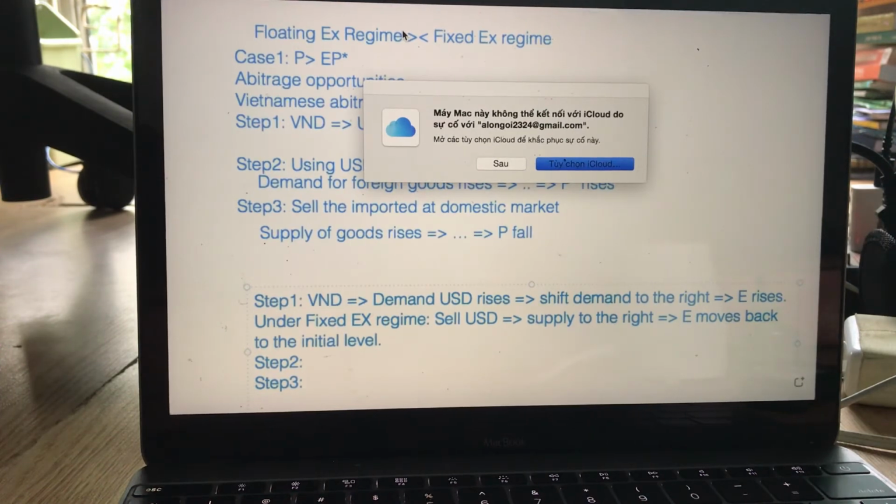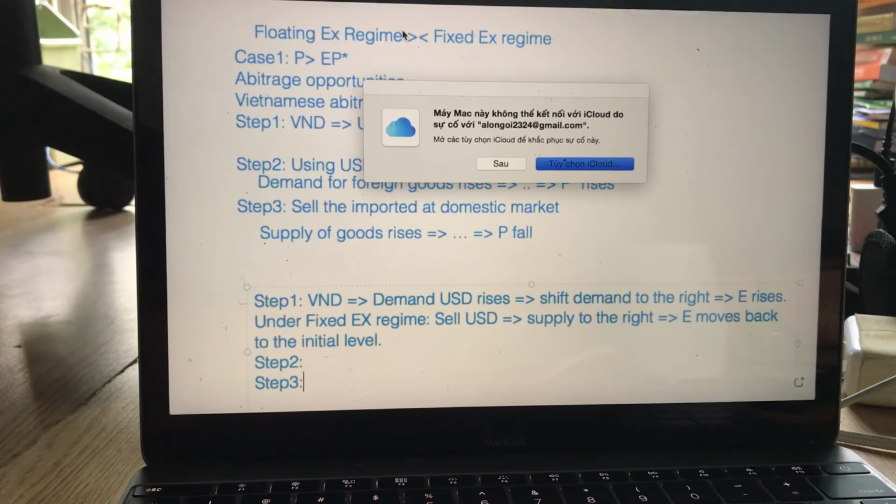And usually the speed of change in the exchange rate is faster than the change in the commodity price.